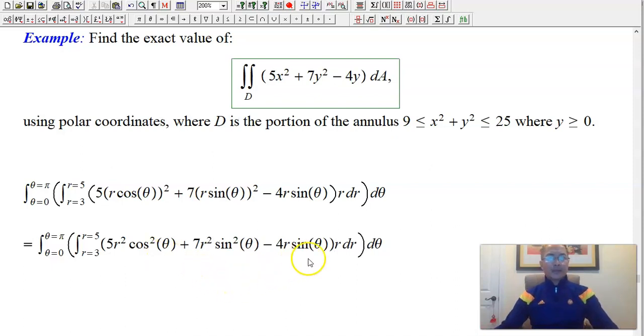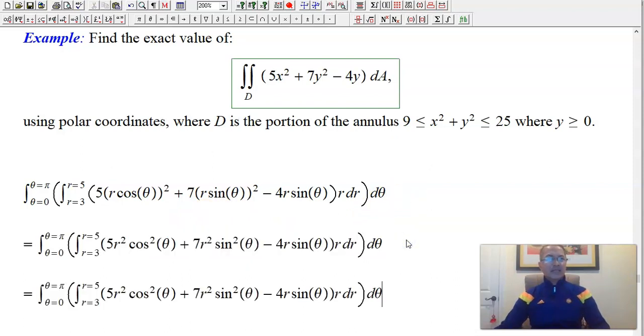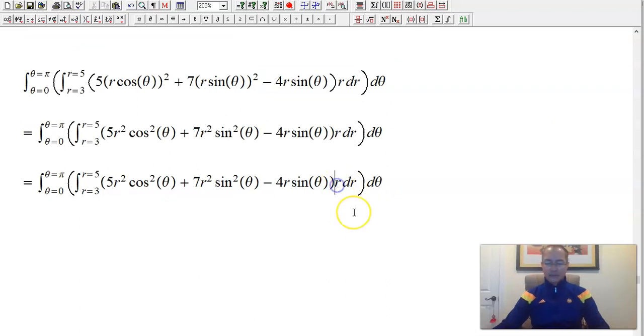Okay, so that's important because there's another r here. Okay, so yeah, it's easy to misaccount for that. So that r, we're going to multiply it in. It'll be r cubed and r cubed, and now r squared.